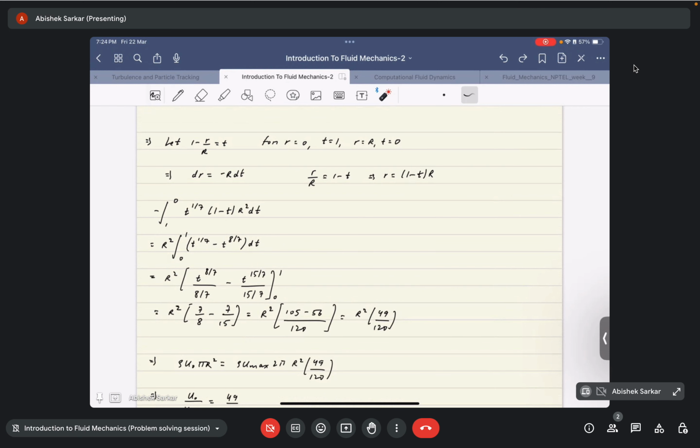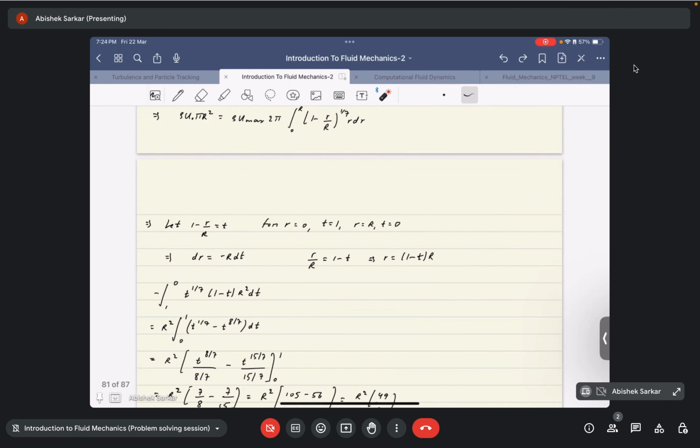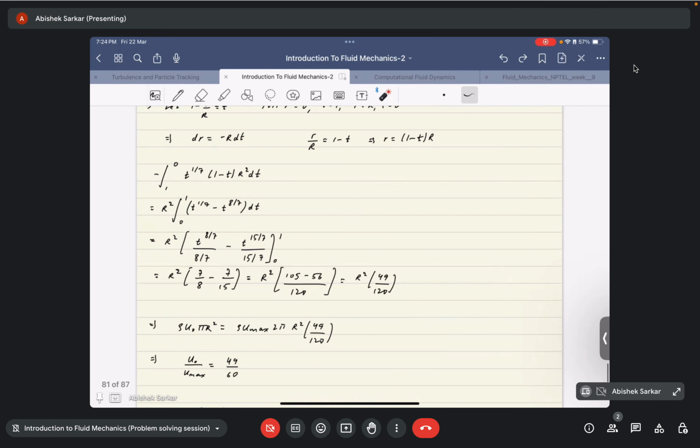It's just the substitution of these expressions in this integral. Just carry out the integration.